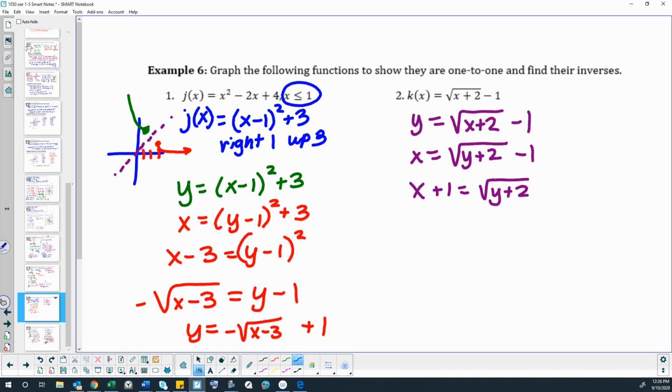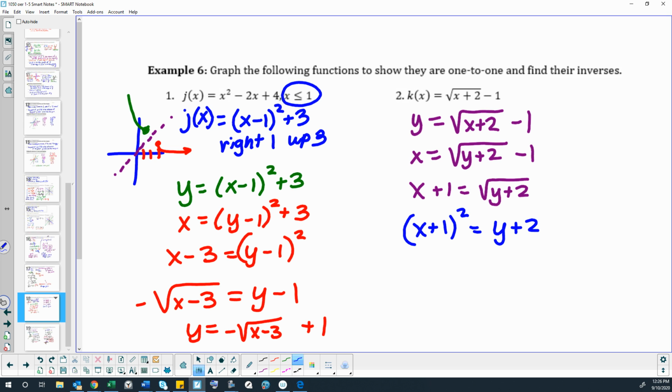So we're going to go ahead and square both sides, so we have x plus 1 squared equals y plus 2. Now by doing that, we now have a parabola, which is no longer 1-to-1. And so we're going to have to restrict the domain at some point. And it's a positive square root, so it's going to have to be the positive side of the parabola. But we can deal with that at the end. I'm just trying to keep you thinking about it.